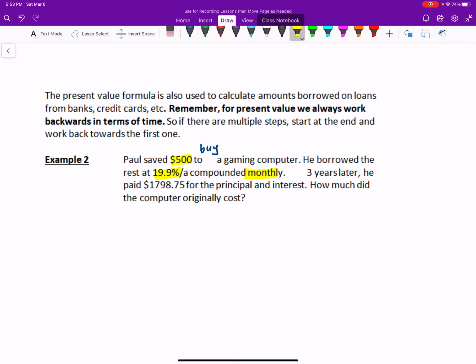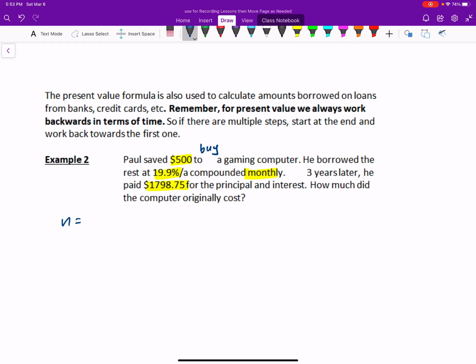So, to work backwards, basically, the $500 is something. Imagine you go to a computer store, you give them $500 as a down payment, then you're going to pay the rest off monthly. So if I'm working backwards, the last thing I'm going to do is add $500 to find the original cost. So I can ignore the $500 for now, and I can calculate i and n and use the $1,798.75 as my principal.